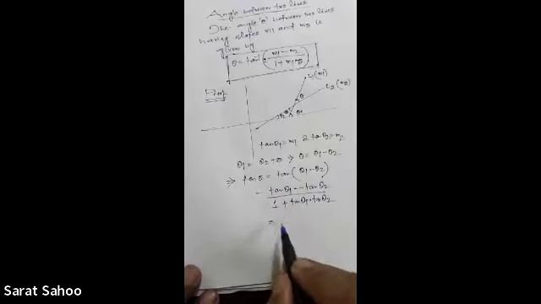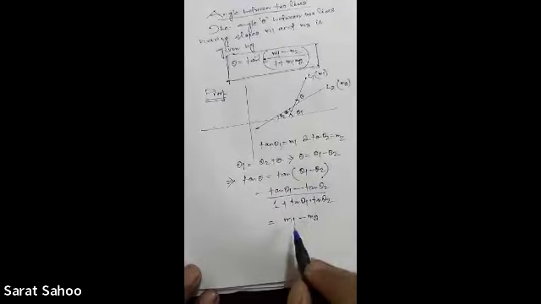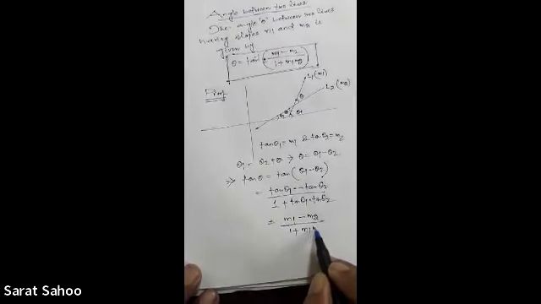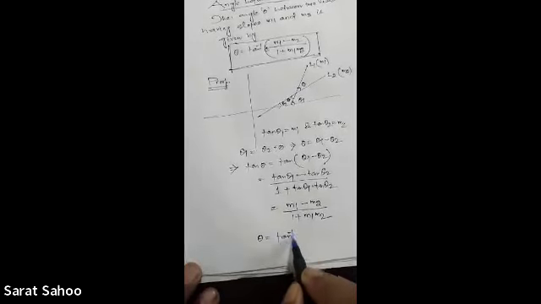Tan θ1 is M1. Tan theta is equal to M1 minus M2 upon 1 plus M1 M2. So theta is equal to tan inverse M1 minus M2 upon 1 plus M1 M2.